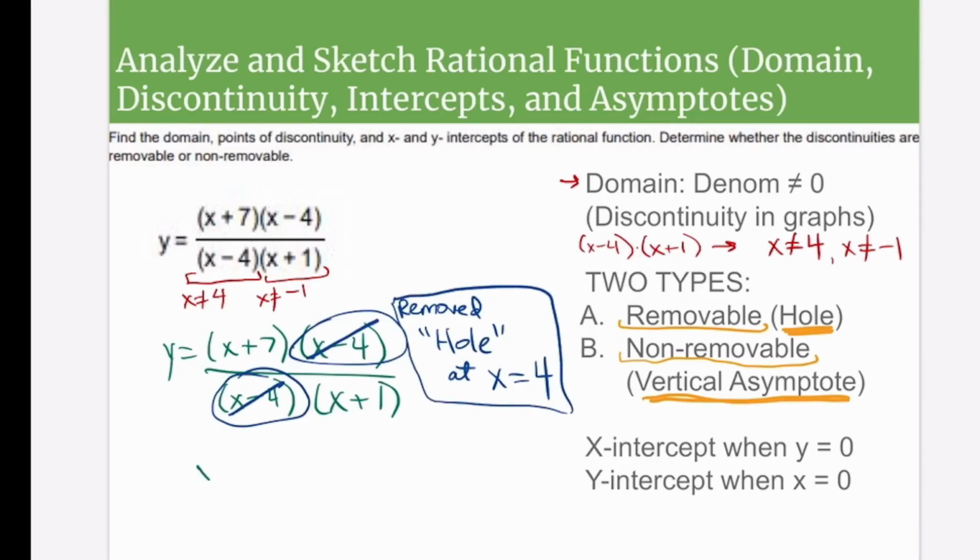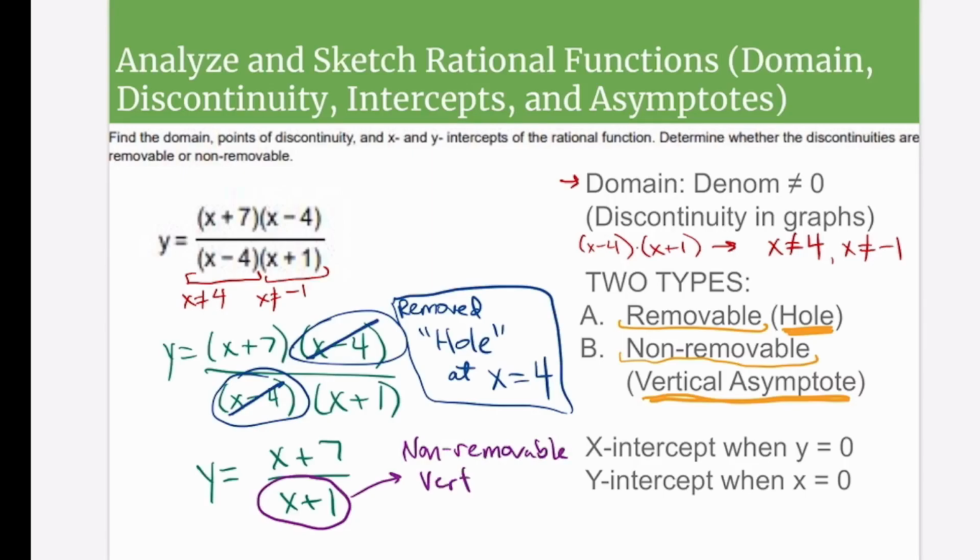Once we take that out, we're left with a simplified version, x plus 7 divided by x plus 1. And here's where we see there's still a denominator. This denominator cannot be removed. So because this is non-removable, that's where we have our vertical asymptote.